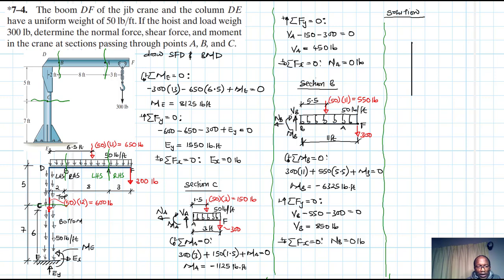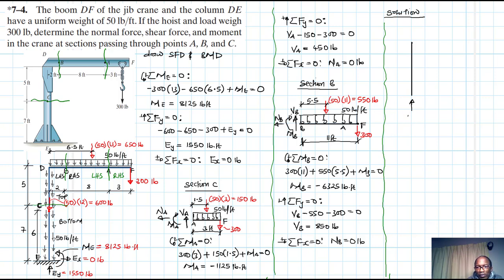So at the very bottom there, we have the reaction forces. EY, I didn't indicate this, we said ME was equal to 8125, EX was equal to 0, and EY was equal to 1550.